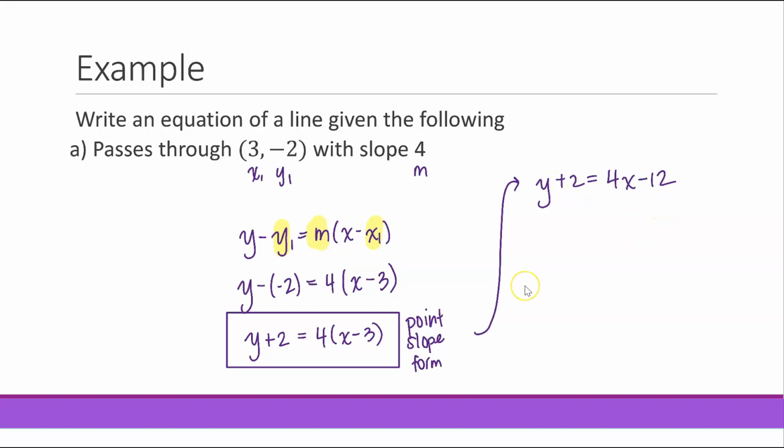So I'm going to subtract the 2 to the other side. Y equals 4x minus 14. So this is the answer in slope-intercept form. For this problem, either one is fine, but there might be a set of instructions which ask you to leave your answer in a particular form.